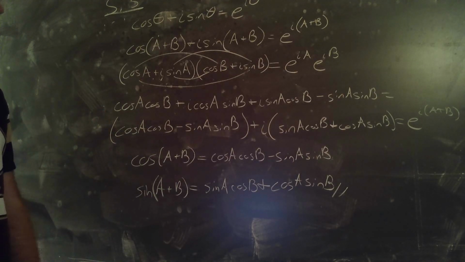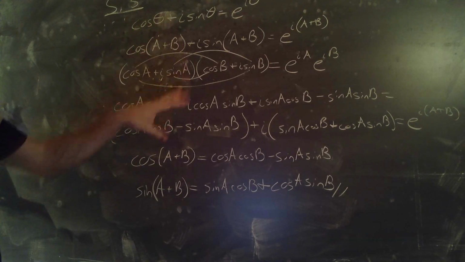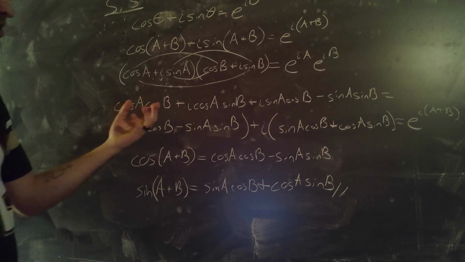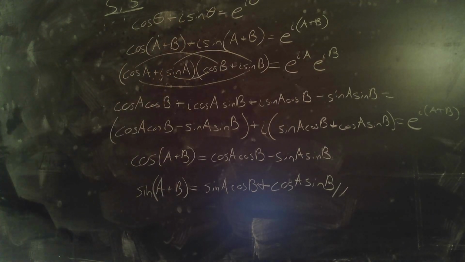Okay, so a couple of notes here. Notice that the cosine identities, we can do a similar thing where we do A minus B, and then the proof works pretty much the exact same way.